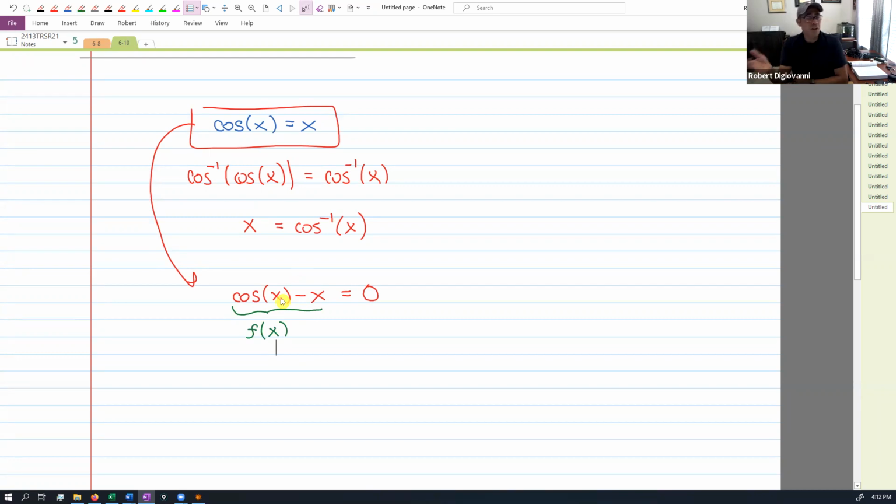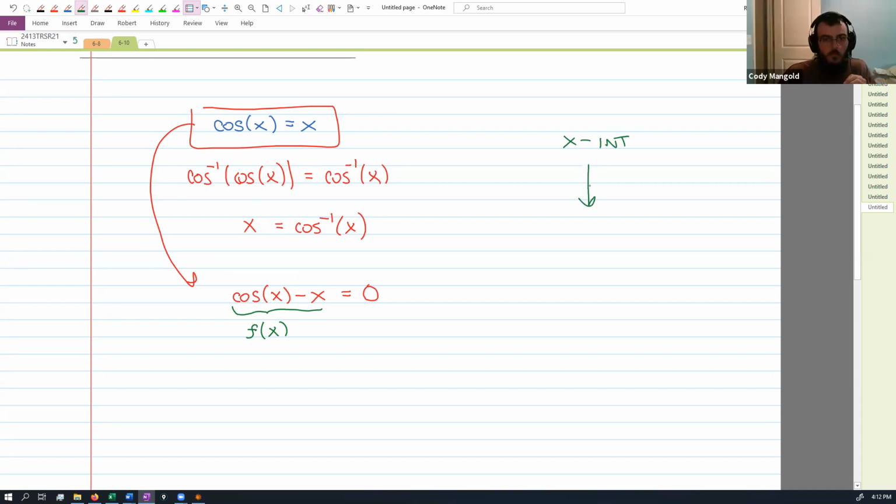Now, remember, in college algebra, pre-cal, all the math classes you've taken before this, if you were ever asked to find the x-intercepts of a function, what do you do? You look for the zeros. You set it equal to 0 first, right? So if you ever want the x-intercepts of a function, you set the function equal to 0 and you solve.